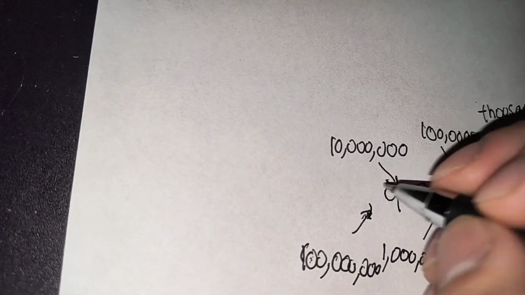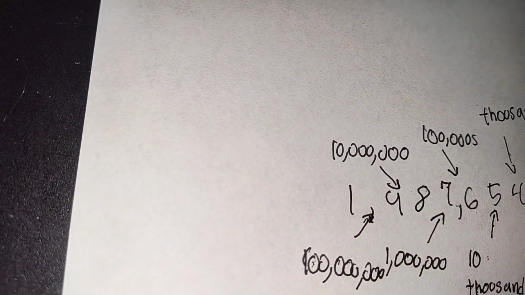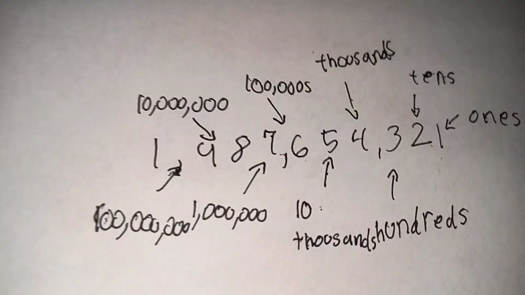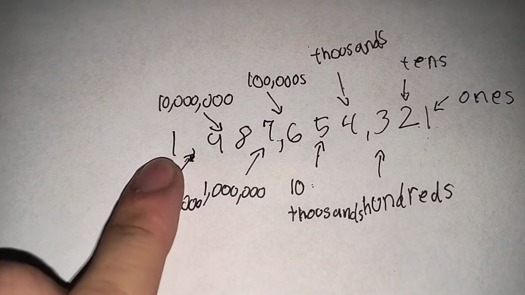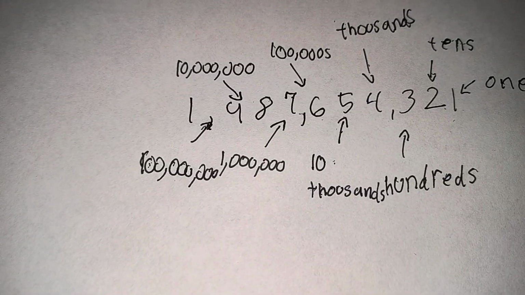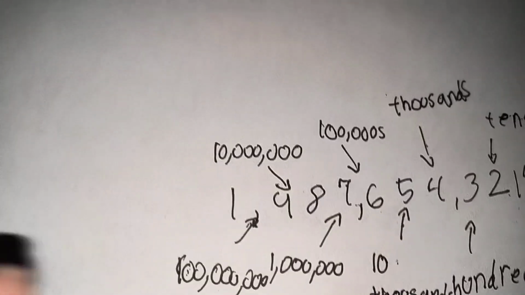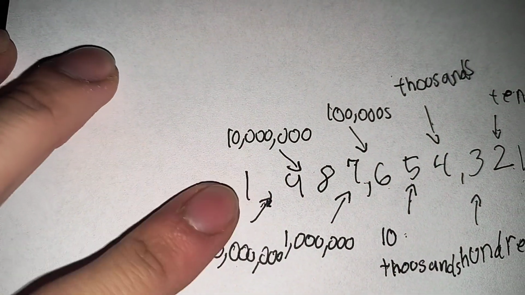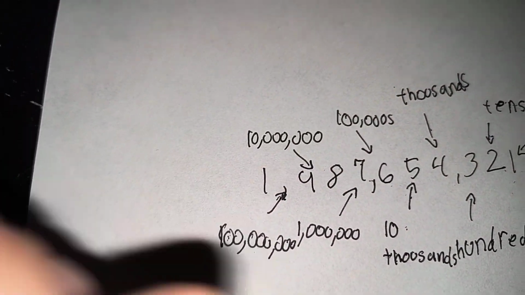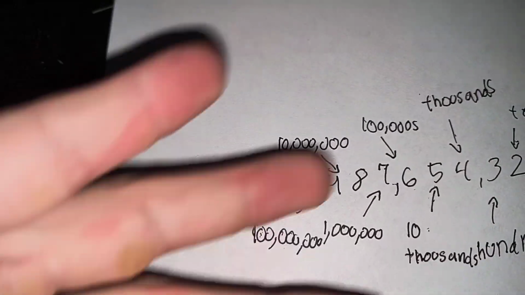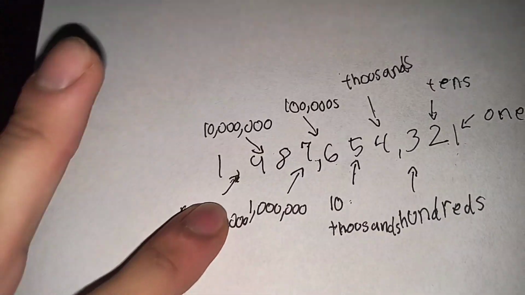And then we're going to stop right here at the 1 billions place. This is the 1 billions place because it's made up of a certain amount of billions. In this case, it's just 1 times 1 billion. But it could be 2 billion, and that would be 2 1 billions. That's why it's the billions place.